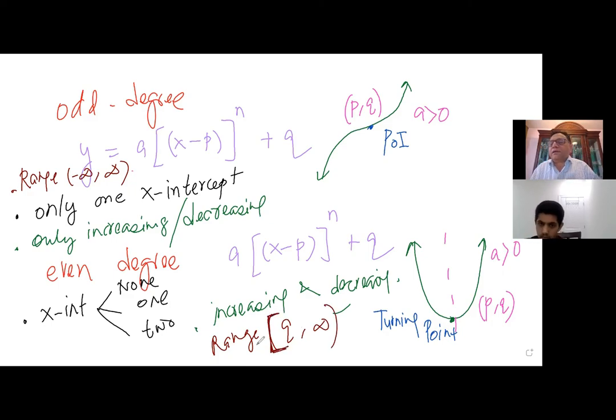We are assuming a greater than 0 when the graph opens up, right? Of course, when it is reflected, these things will change and reverse. So I think we can conclude our lesson today at this particular stage of polynomials.